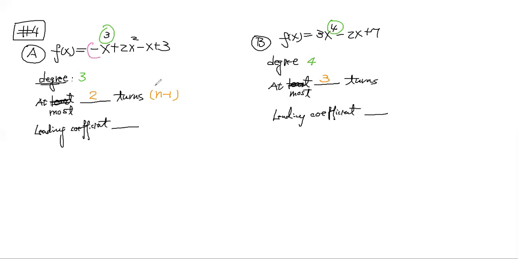So this one is my leading coefficient, right? It's negative 1. So what is the leading coefficient for part B's polynomial? It's the constant in front of the highest degree term. So this is 3 here.